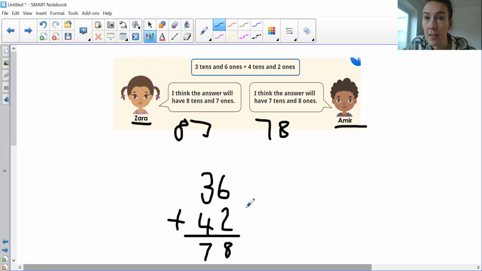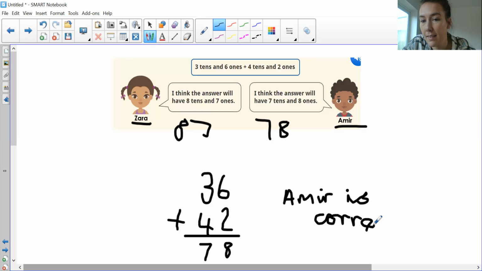So the person who is correct is Amia, because she guessed that the answer would have 7 tens and 8 ones, and that is correct. So you might just write down here, Amia is correct. I should have typed this, I'm sorry. Just like that, but much neater, I hope.